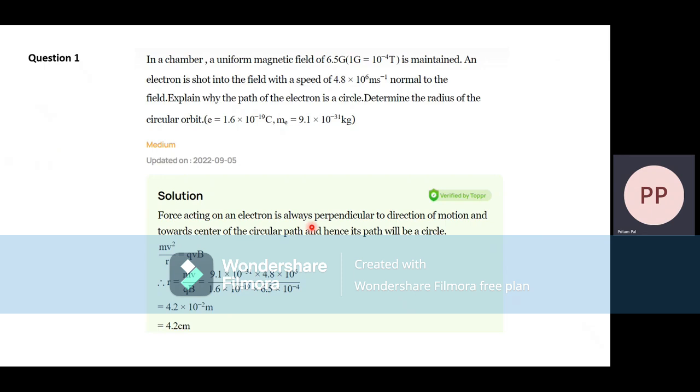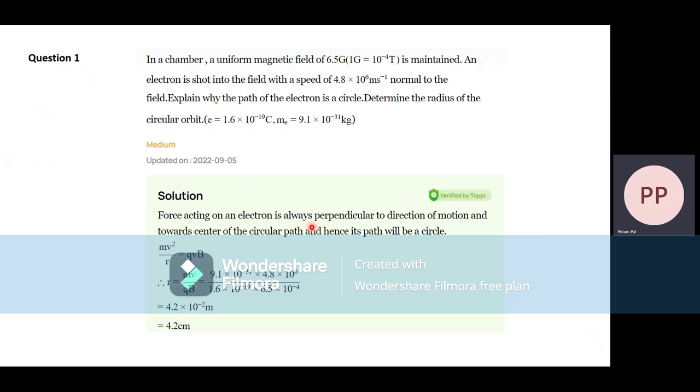Here the centripetal force is the Lorentz force, v cross B. Both are balancing each other, so we simply need to equate these two forces: mv squared over r equals qvB.